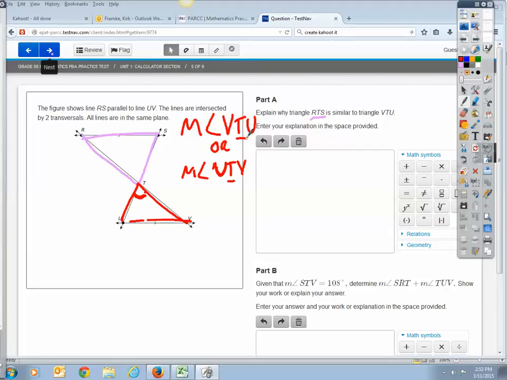So I can say that the measure of angle VTU equals the measure of angle STR because they are vertical angles.